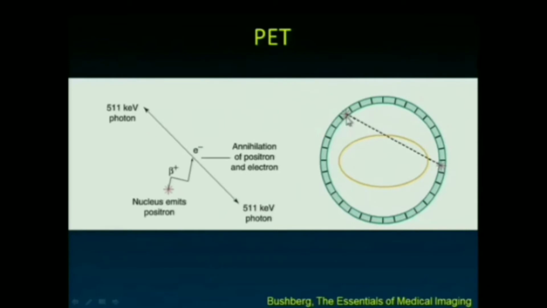Now, if I had timing electronics which were precise enough to tell me the exact time at which this occurred and the exact time at which this occurred, I could actually figure out the exact location on this line at which they occurred, right? If they were detected at exactly the same instant in time, the event must have occurred at the location such that this distance is equal to this distance, right?